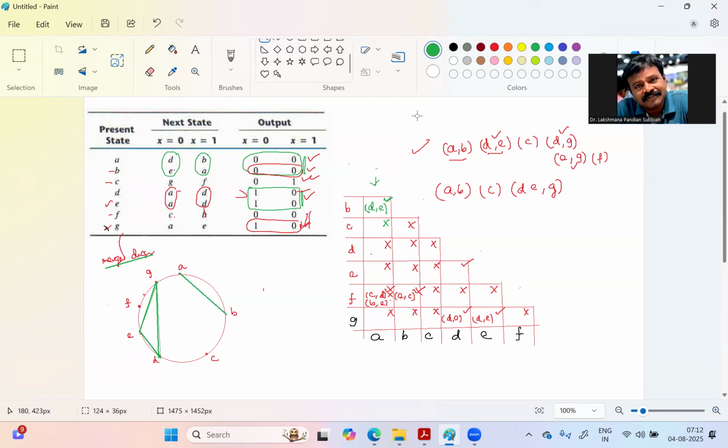So using the merger diagram, you find out which are paired. Next one is F, which is separate.